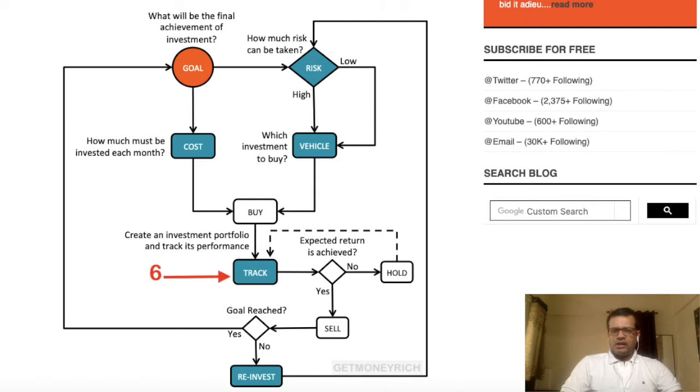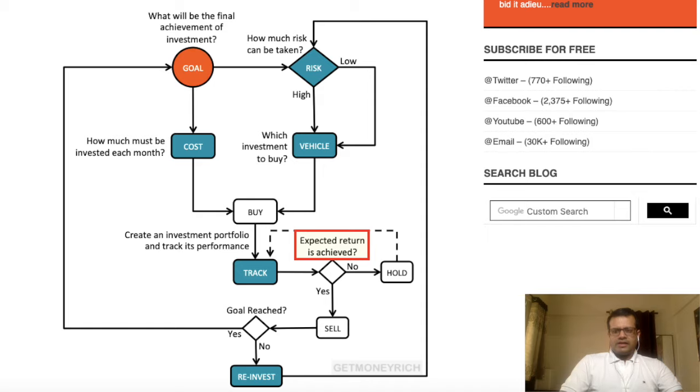Here in tracking, what we are doing is we are observing whether our investment has already reached that level of expected return. So while tracking, we are observing the rate of return that our investments are giving at present.